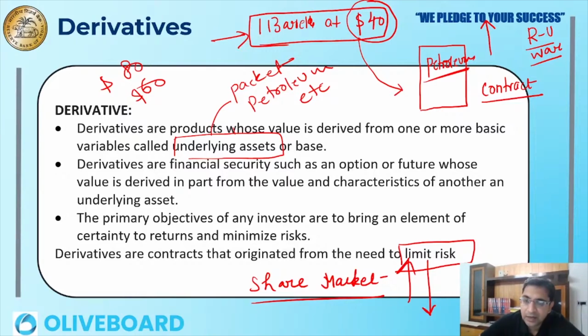You are either gaining something or losing something. You cannot say that I have done this contract, so even if the share price goes below 40, I will still be getting 60. No, it is not like that. In share prices you get only the market value, right? So derivatives are mainly used to limit the risk.